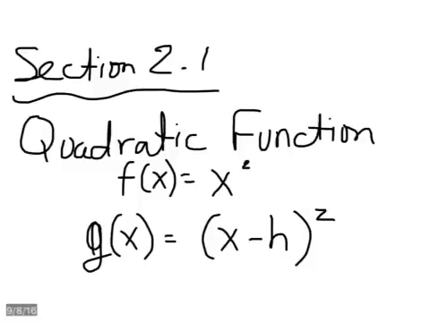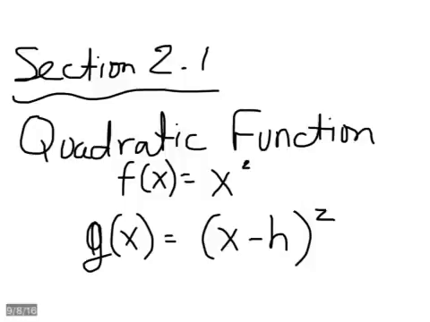So if it opens up, like the main parabola does, that's a low point. If it opens down, like the arch in St. Louis, that's a high point. Okay, so that vertex would be a high point in that case. So when you see this one right here, where the h is like that, that's going to adjust it left and right. Is that any different than what we had in chapter 1?